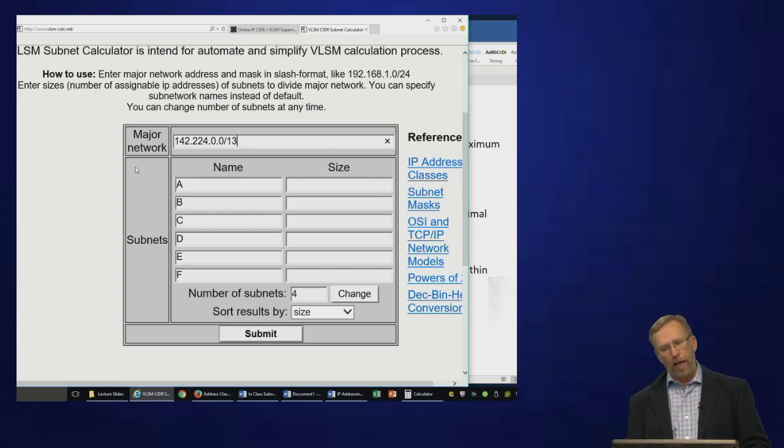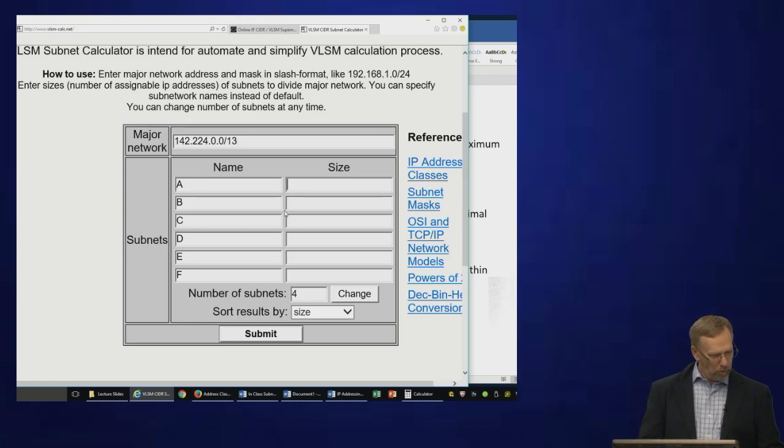And then I have to manually, this is kind of a pain, I have to manually put in the size of every network. So I know those are 131,070. And by default, there's 6 networks here.